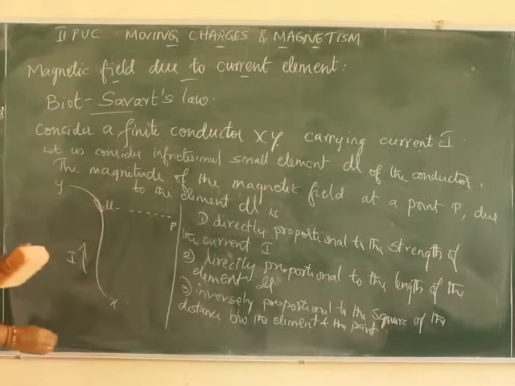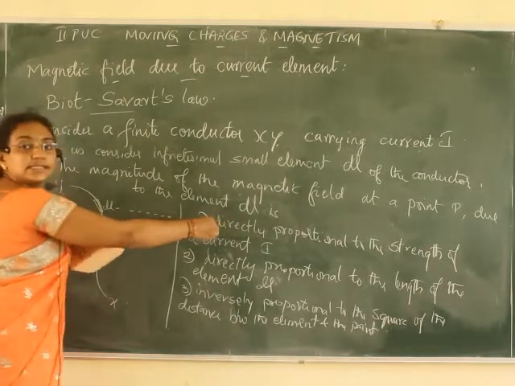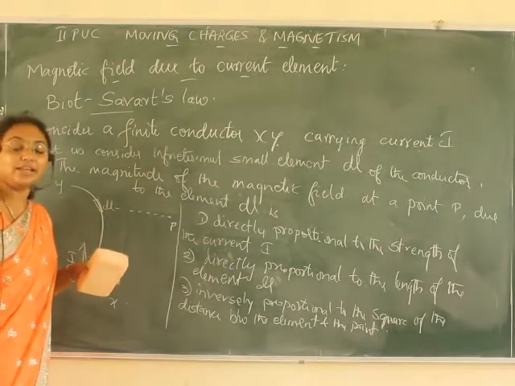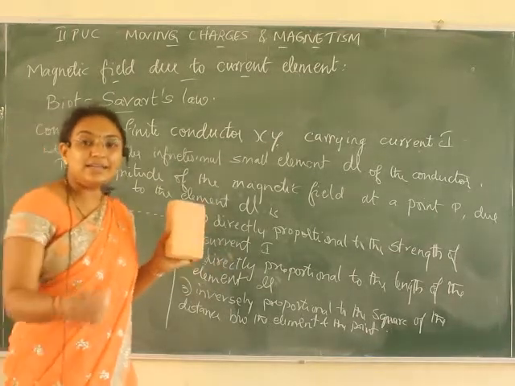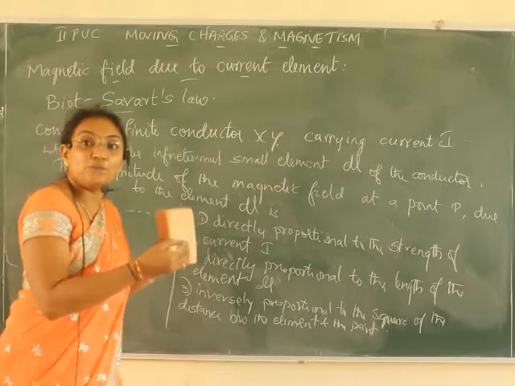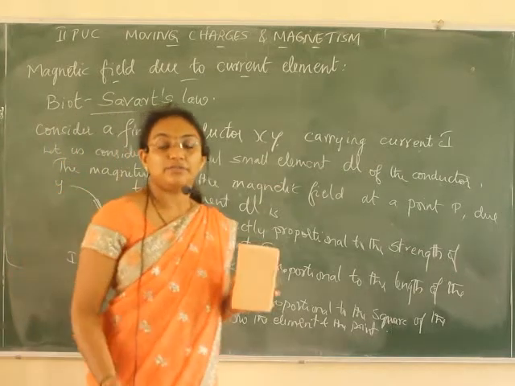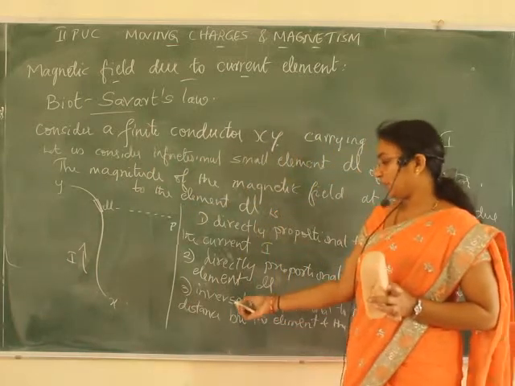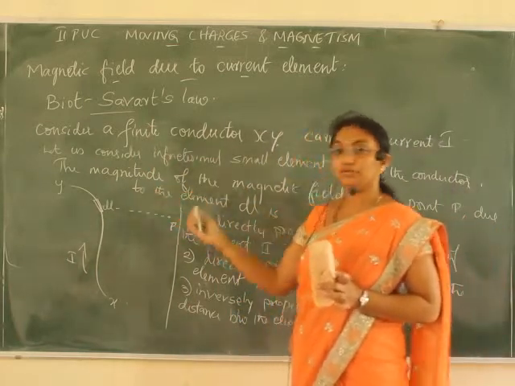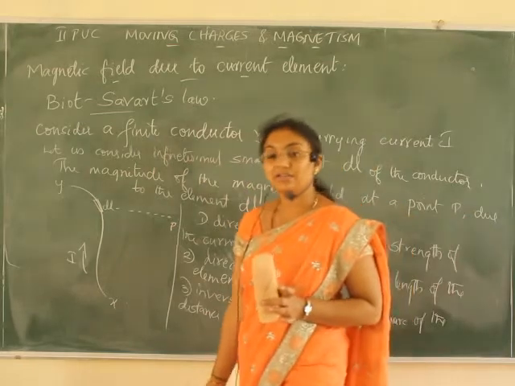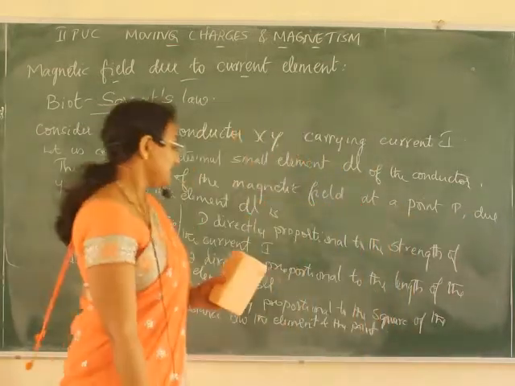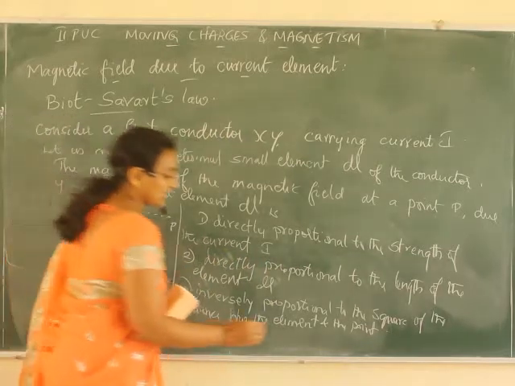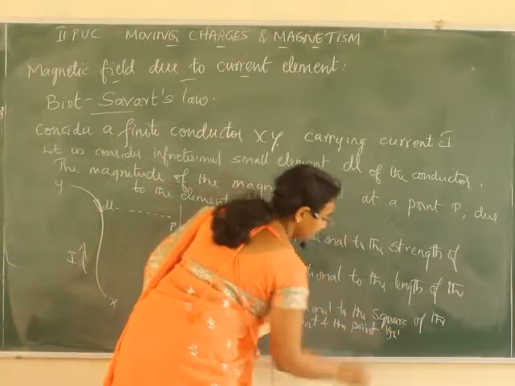As we increase this distance, the magnetic field reaching that point is very, very less. As the distance decreases, we can observe more magnetic field. So this magnitude of the magnetic field is inversely proportional to the square of the distance between the element and the point. Let it be r.